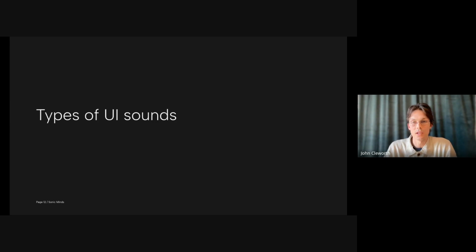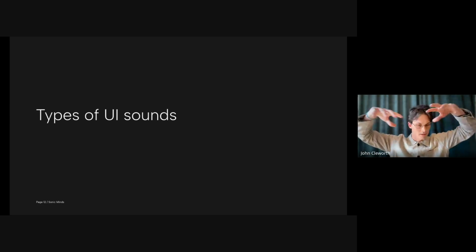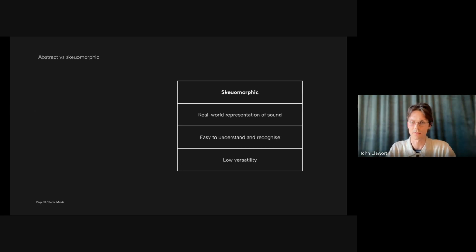To do that, I'm going to give you an overview of some types of UI sounds, some categories and families that you can start to organize. There are these different types of sounds, right? First up, there are kind of two families you could divide them by. There's the skeuomorphic, and then there's the abstract. By skeuomorphic, I mean the real world representations of a sound.